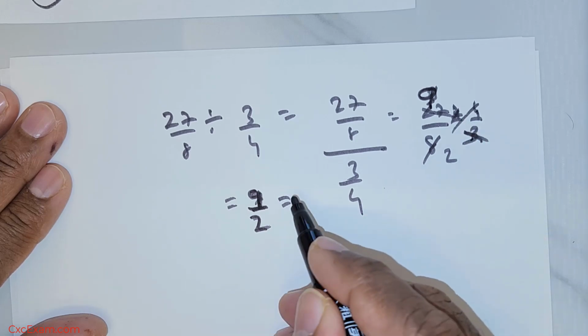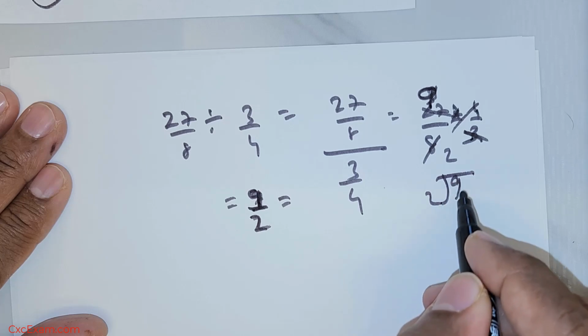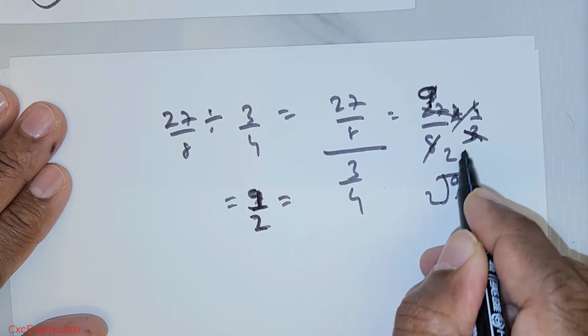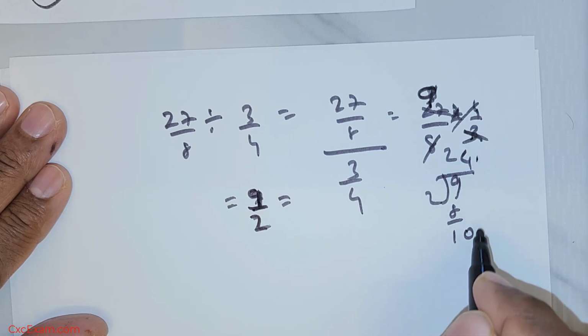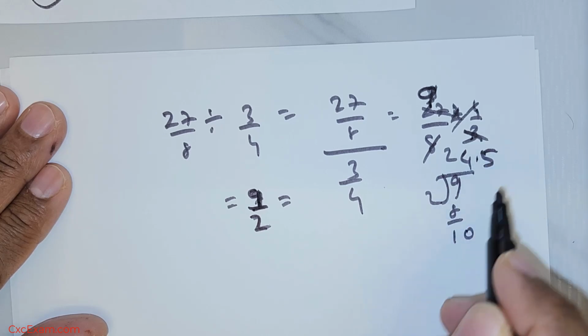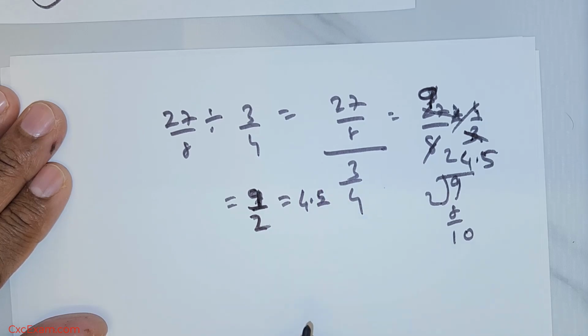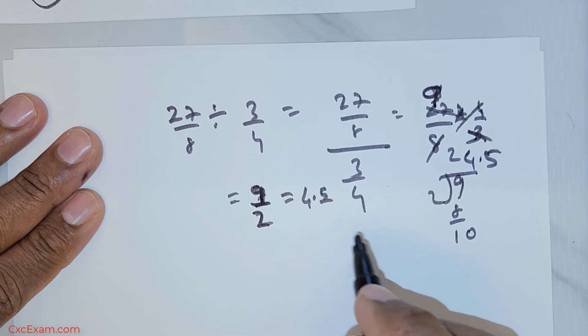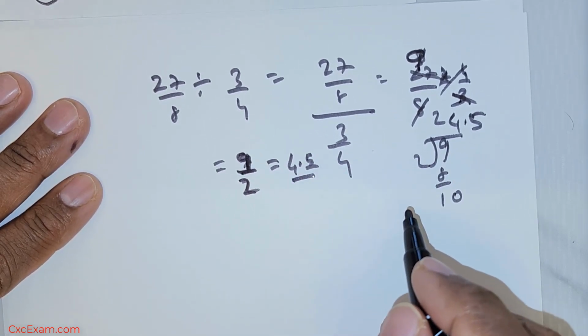Right? So 9 can be divided by 2 in the following fashion. 2 divides 9, 4 times, 4 2s are 8, remainder 1, at a decimal point and a 0. So 2 divides 10 5 times. So this is going to be 4.5. Now they are not asking in significant figures.